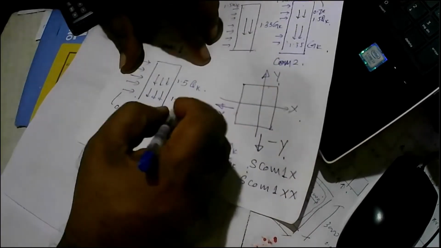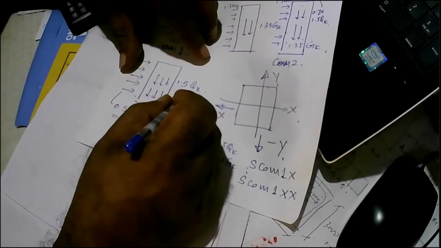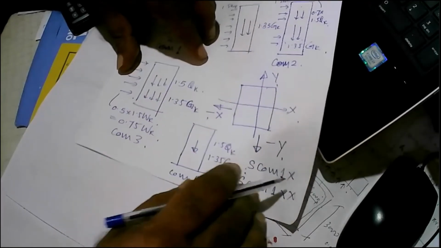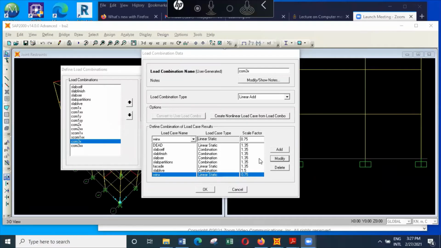Combination 3 has 1.35 GK, 1.5 QK, and 0.75 WK. So those are the combinations. So here you can see 1.35 GK, 1.5 QK, and 0.75 WK.